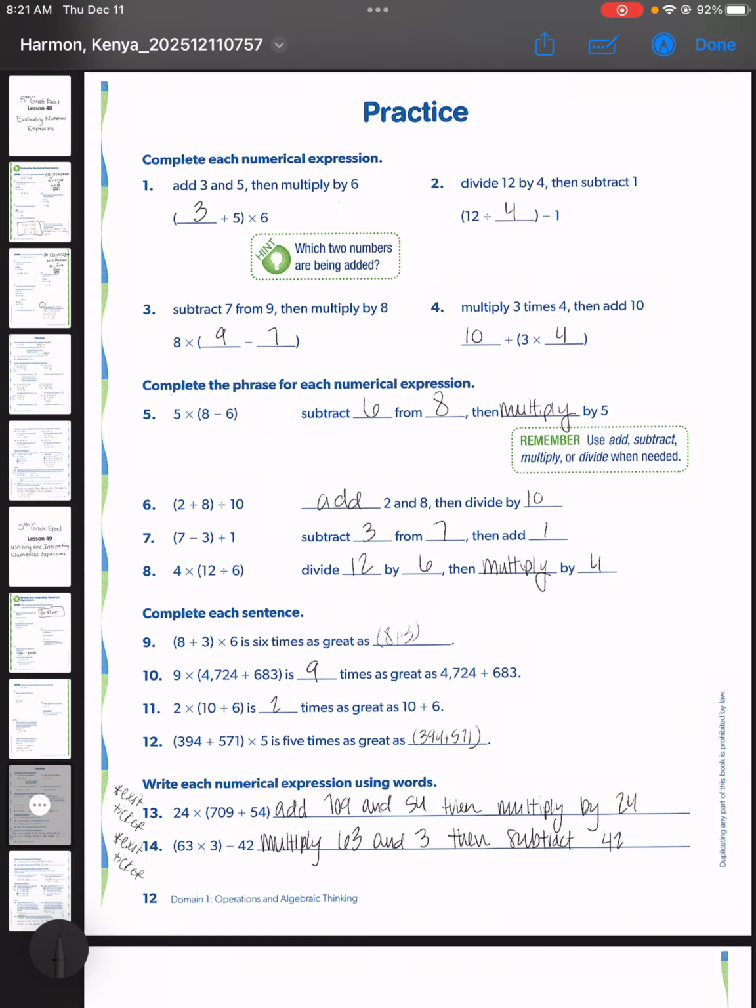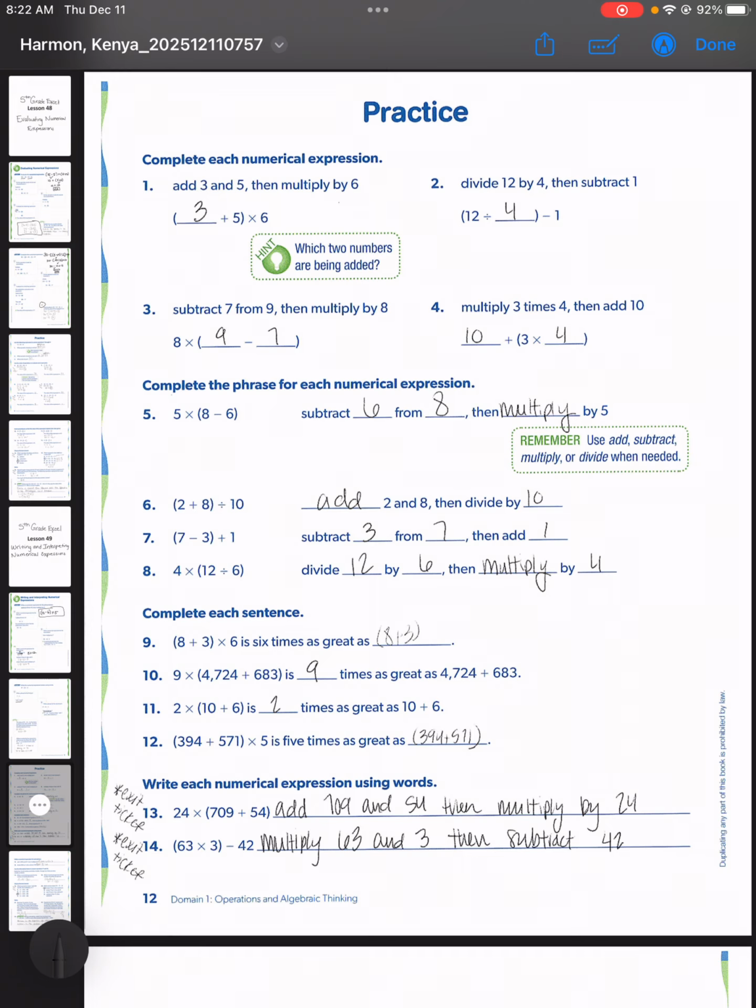This is going to be what students work on in their practice problems. So at times they will be given an expression in words and they will have to write it using numbers. Sometimes they will be given the numerical expression and they will have to write that expression using words. The beauty of this practice problem is that there's a lot of fill in the blanks, so students should not be hindered by spelling or having to write a lot.